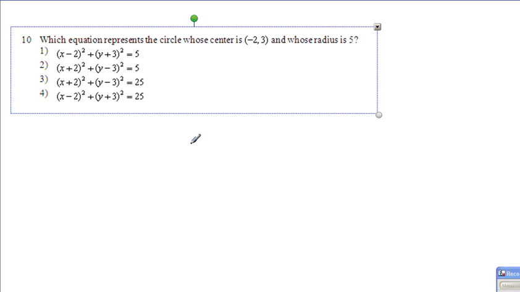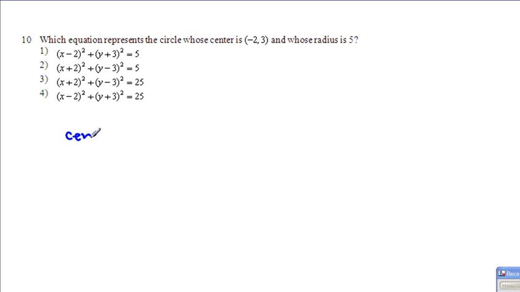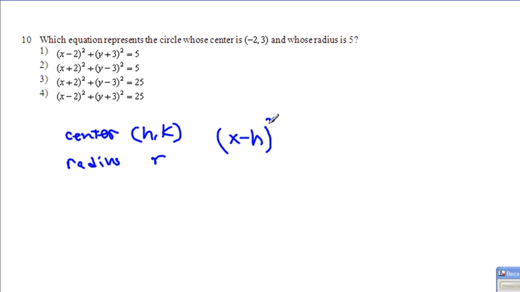Now, here if I have to share the formula for the circle, it will be this. Given that the center is h comma k, whatever those values might have been, and then the radius is r. So our expression becomes x minus h squared plus y minus k squared is equal to r squared.